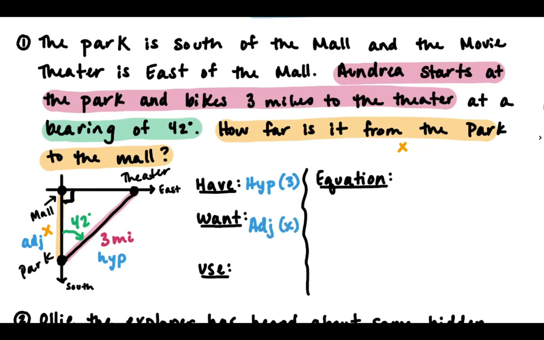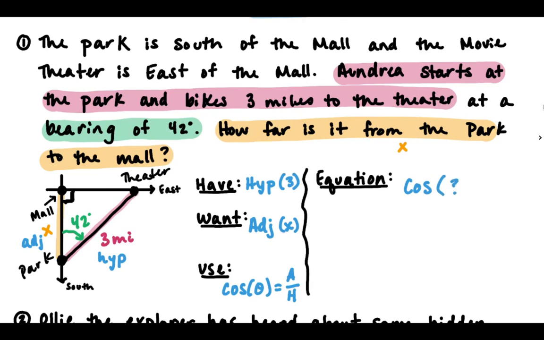Now think to yourself, which trig ratio uses hypotenuse and adjacent? Hopefully we come up with cosine. Cosine is adjacent over hypotenuse. So that's our setup. You're going to use that to write an equation. You're going to fill in the equation, but we know it's cosine.